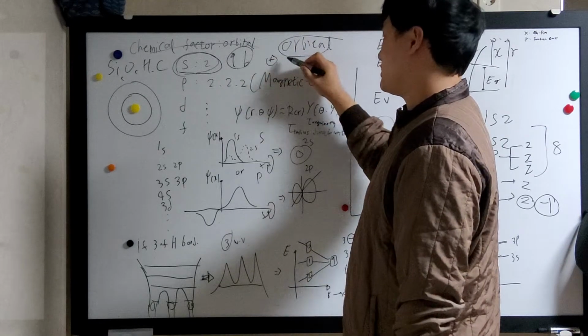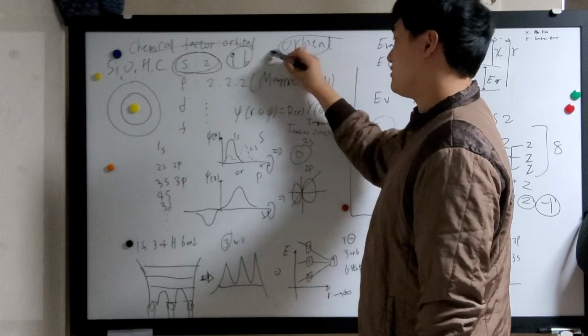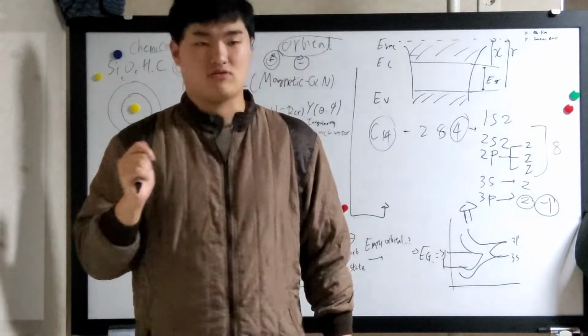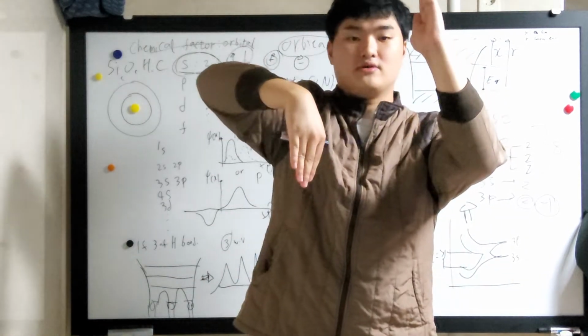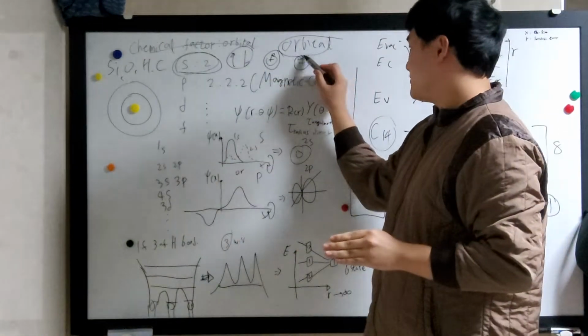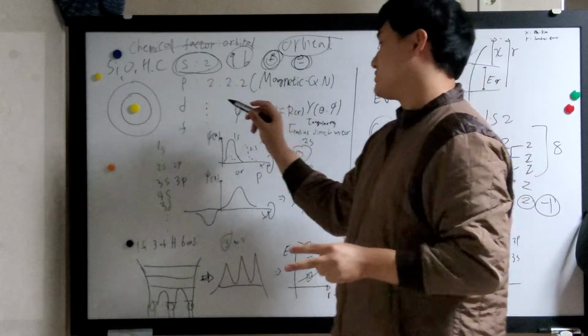One will have the positive or up spin, and another will have the opposite, which we call the down spin. So by the up and down spin, each orbital holds 1 electron pair.